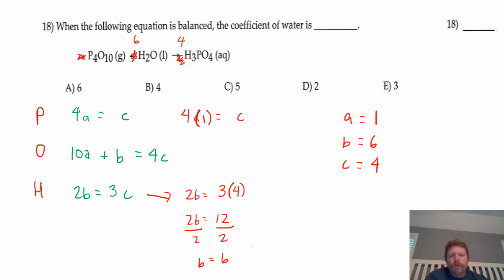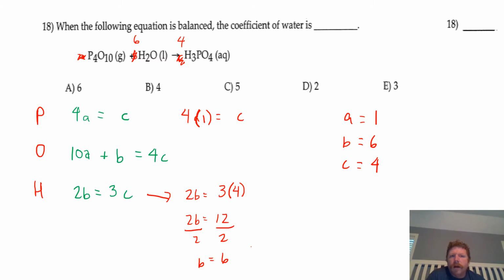So when we do that, what we want to do is bounce back and say, how many phosphoruses are there? Well, based on our newly balanced chemical equation, there are 4 phosphorus on the reactant side and 4 on the product side, because we've got 4 coefficient H3PO4, there's only 1 there, so 4 times that would be 4 phosphorus. Okay, now oxygen.